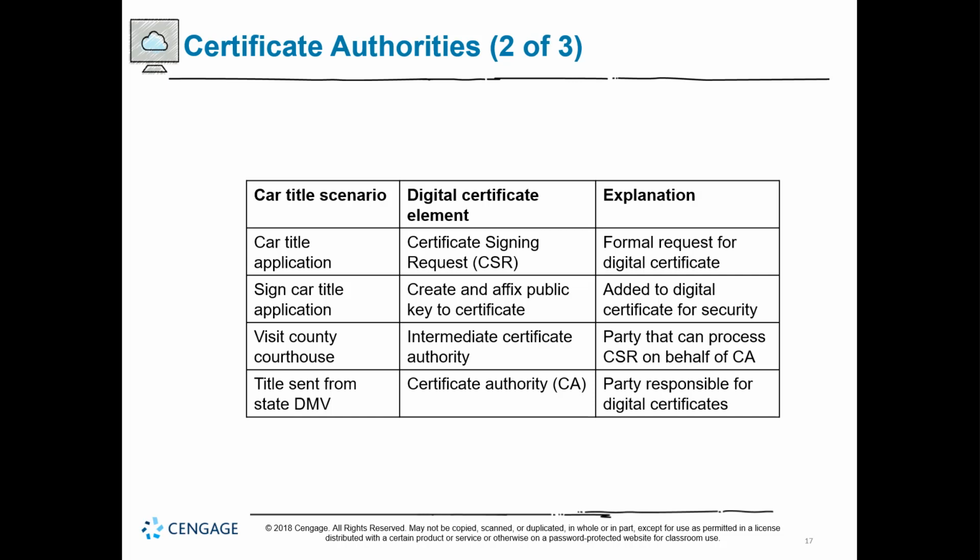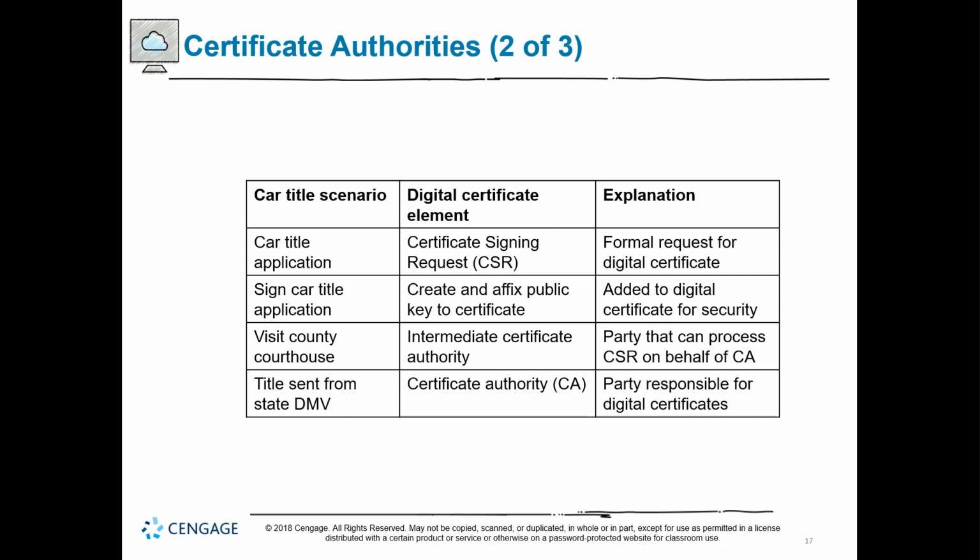So here's a few examples. For example, like a car title. We will apply for the car title application. That's essentially us doing our CSR. We have to sign the car title application. That will be us affixing our public key to our certificate, verifying who we are. We may have to send the paper to the county courthouse.